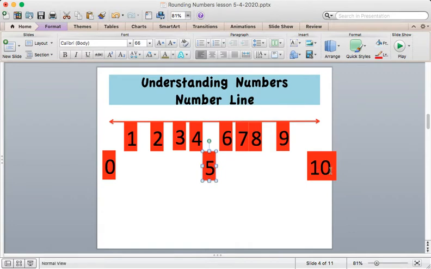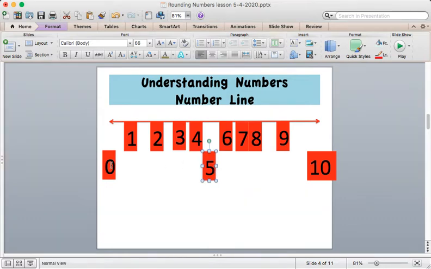5 being the middle number, and your anchors are 10 and 0 for 0 to 10. You need to know where all your numbers are placed, the numbers that are before 5 and the numbers that are after 5, because this will be helping you with your rounding. So knowing that 4 comes before 5, then 3, 2, 1, 5 being your middle number on the number line.